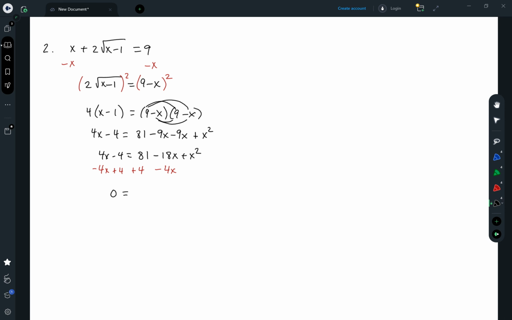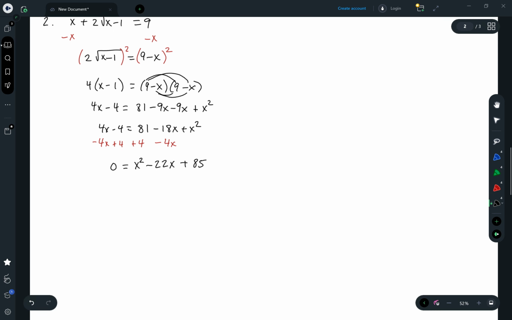On the right side, we have a quadratic equation. We're going to want the x squared first, so I'm going to put the positive x squared first. The middle term we'd like to be the x term, which is minus 22x. And then the final term we want to be the constant, so 81 plus 4 is 85.